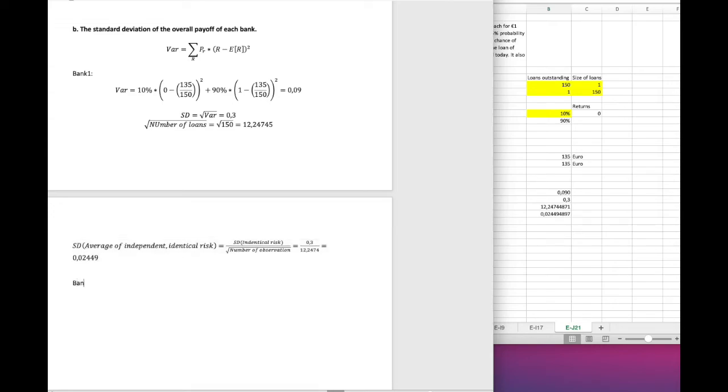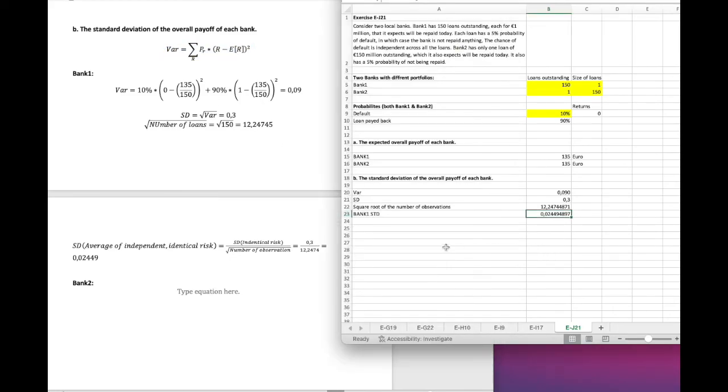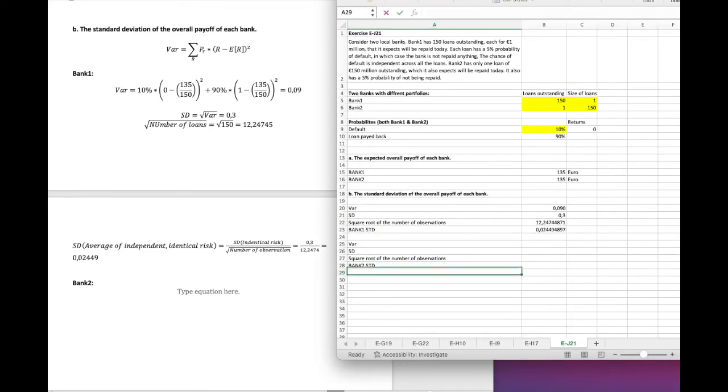Then we wanted to find it for bank 2. The standard deviation for bank 2, because there is only one loan, but I'll show you. We can just use the same calculations. So we have bank 2. The variance would be the same.